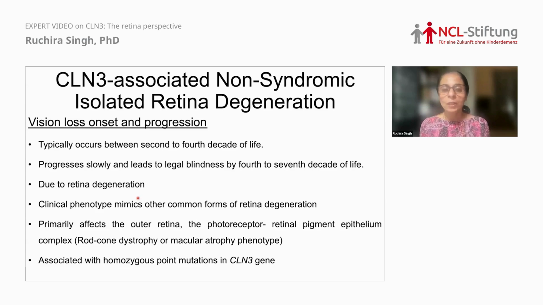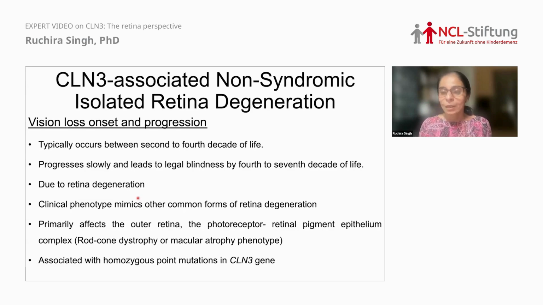It's mostly associated with homozygous point mutations in the CLN3 gene, but the genotype-phenotype variability of CLN3 disease is a challenge, and you cannot just say this group of patients will only develop isolated retina degeneration, because there have been instances in the literature where people later developed a neurological phenotype after being diagnosed with just isolated retina degeneration.